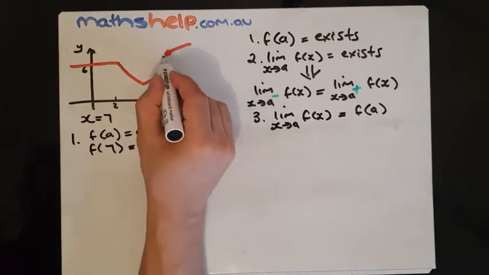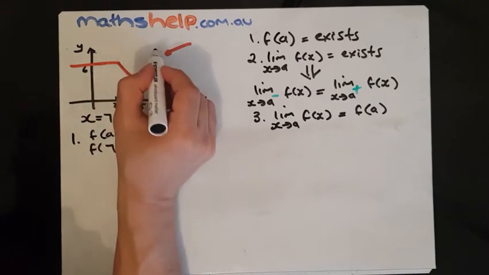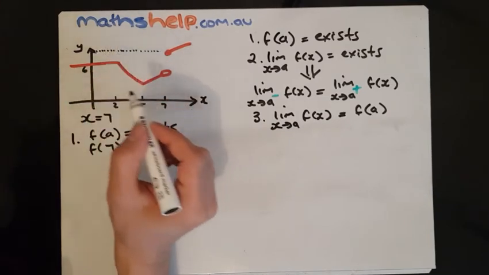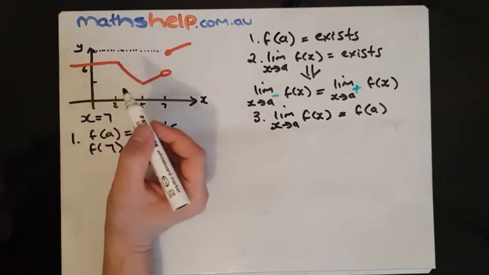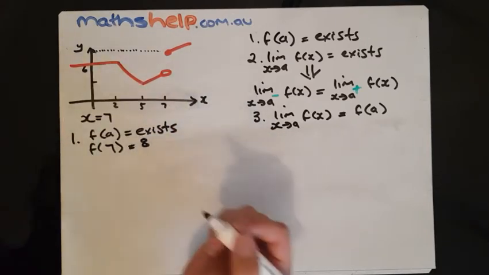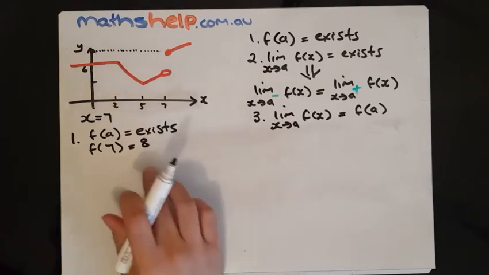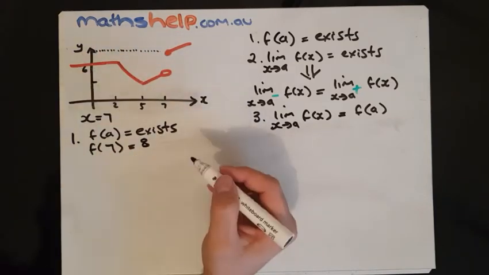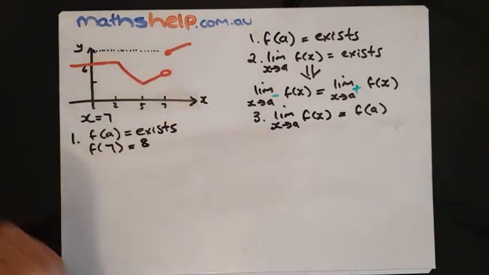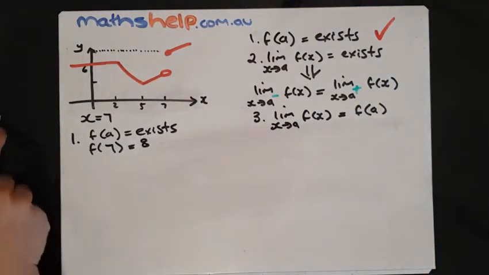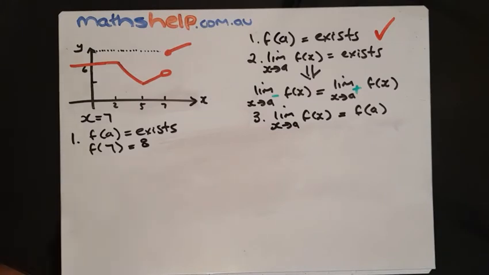If we go up there and come across to the y axis, we hit it somewhere. If that's 6, that's 3, so would you say 8? Just to make it easier to understand, we're going to say f of 7 equals 8. At that point we have a y value of 8, so the first condition is met. Now we go to the second condition.